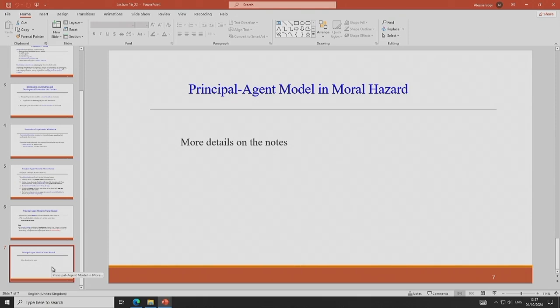What's the choice variable of the agent instead? What's the only thing? As we said, the agent cannot change that, cannot renegotiate those. But what is the only choice variable that he can use, that he can choose? Say it again? Effort. Effort, thank you very much. So the only thing that the agent instead can choose is how much do I want to work? 0 or 1.